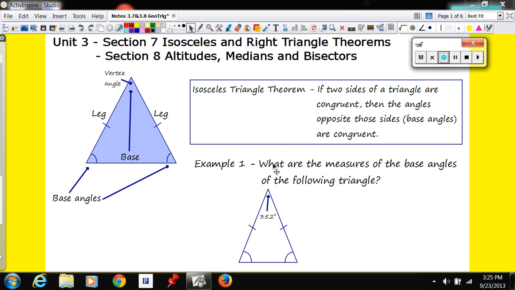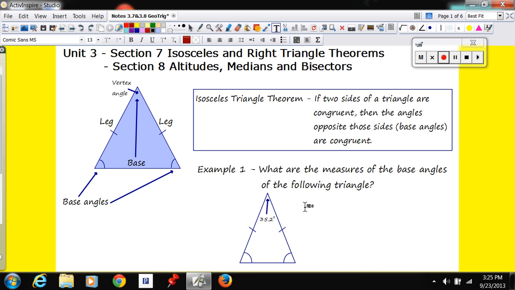So if I look at example 1 down here, it says what are the measures of the base angles of the following triangle? Well, if I know that my vertex angle is 35.2 degrees, I can take that 35.2 and subtract it from 180. 180 minus 35.2 degrees.